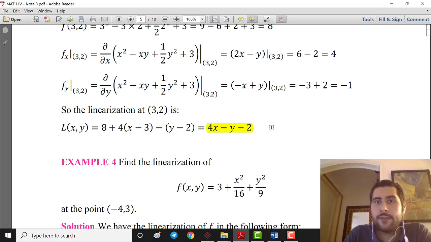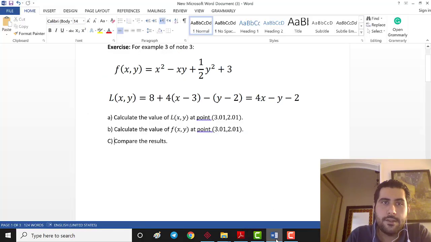And after that, in order to understand the importance of this conclusion that we've made, we did an exercise, and that exercise was this.